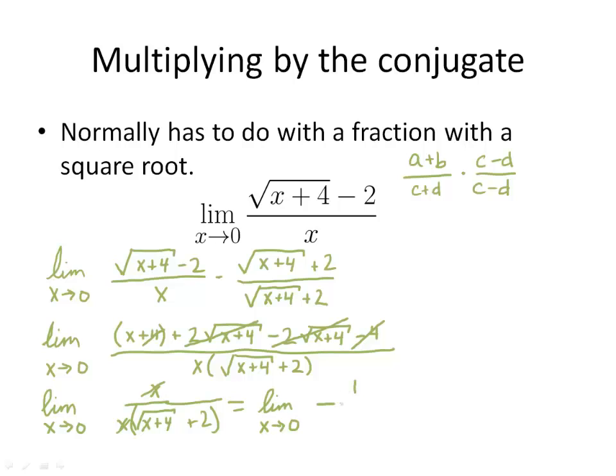So we're left with a 1 up top, over square root of x plus 4 plus 2. Now we can directly substitute it in because we're not going to get a 0 in the denominator. So 1 over square root of 0 plus 4 plus 2 is equal to 1 over 2 plus 2. And then we get our answer, 1 over 4.